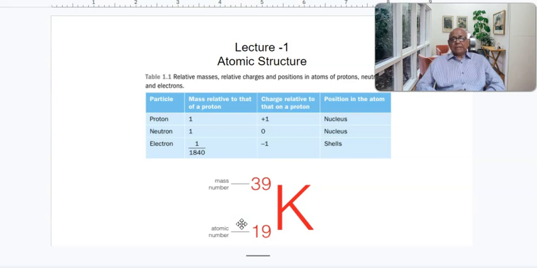Do remember that hydrogen has proton number 1 and electron number 1 also, but there is no neutron in a hydrogen atom. But in helium, we have 2 protons and 2 electrons as well as 2 neutrons. And that explains why hydrogen is 4 times less heavy than helium.